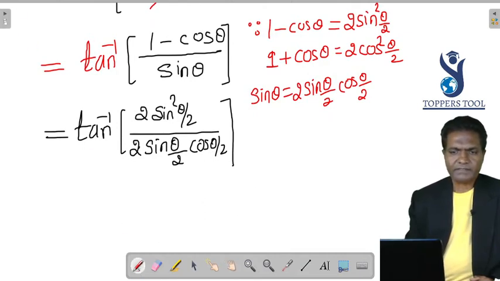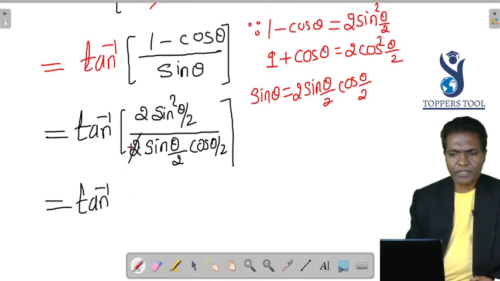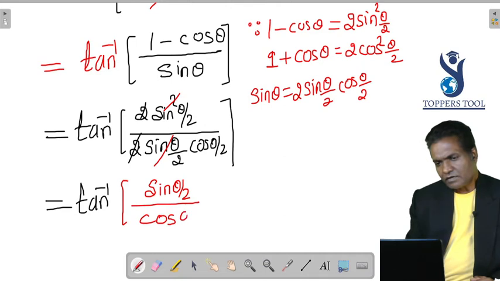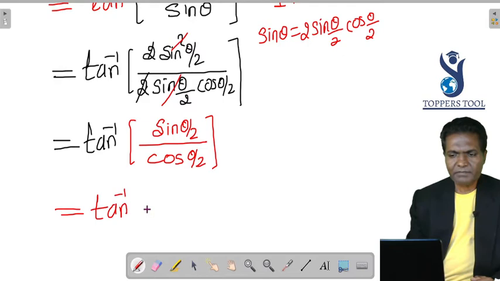Now after this, cancel whatever terms get cancelled. 2 cancels and 1 sin term cancels. So you are left with sin theta by 2 by cos theta by 2, which is equal to tan inverse of, sin by cos is tan.